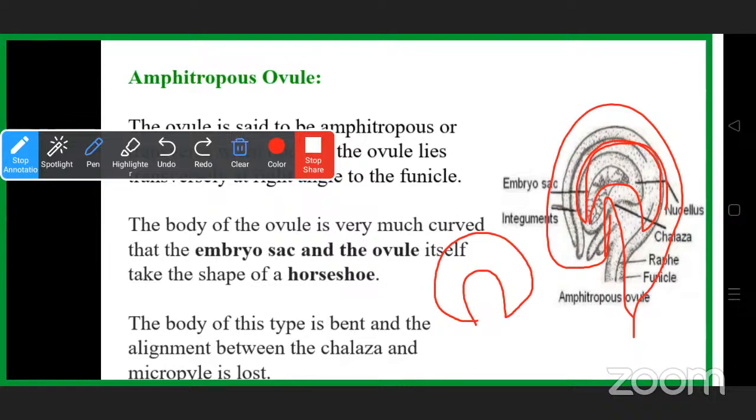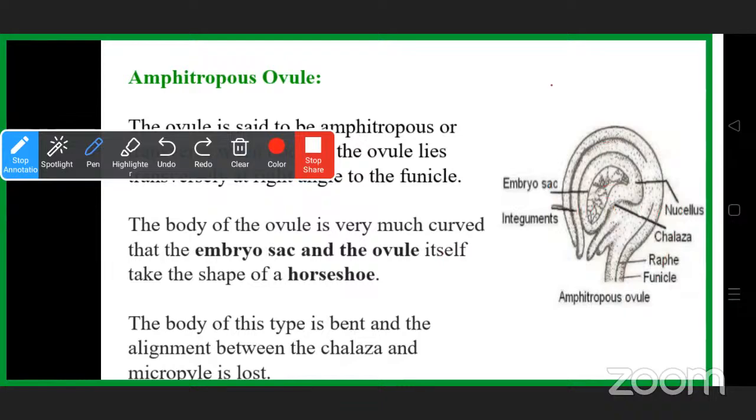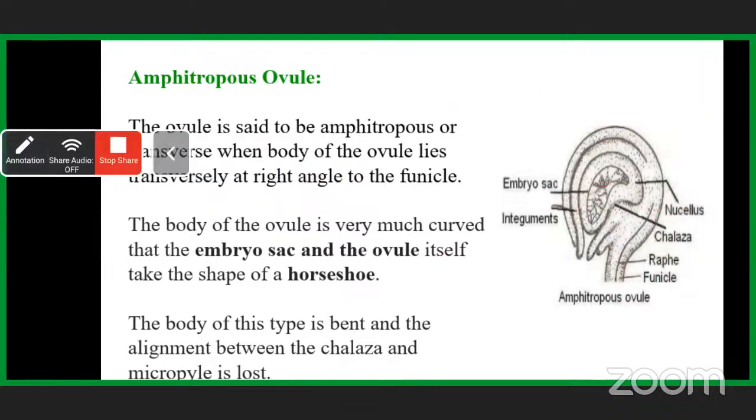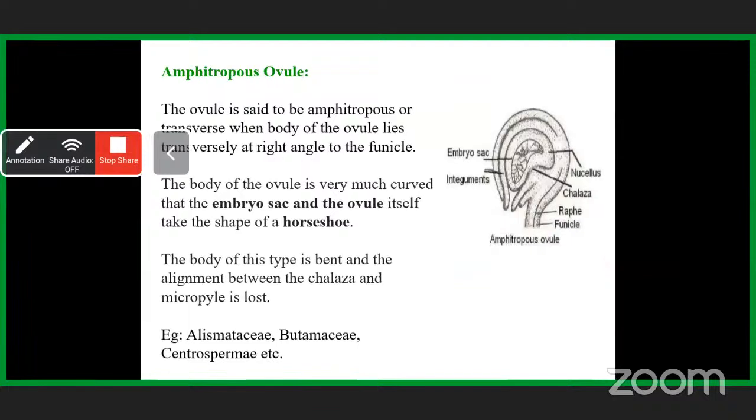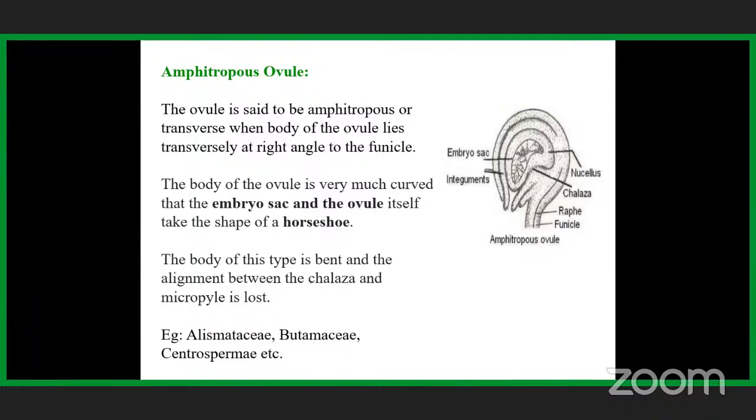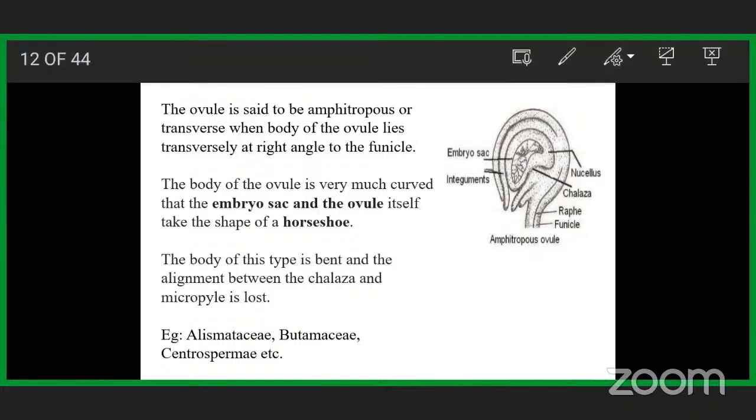These type of ovules are called what type? Amphitropous type of ovules. Okay, and these are there especially in Alismataceae and Butomaceae. That is very important.